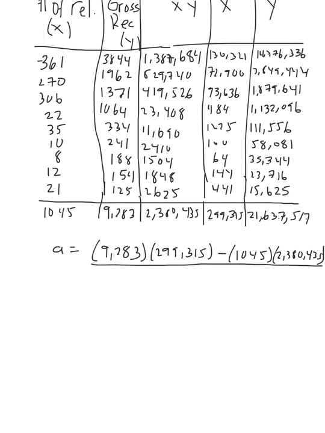Divided by our sample size, 9, times the sum of the x's squared, 299,315, minus the sum of the x's, which is 1045, squared.